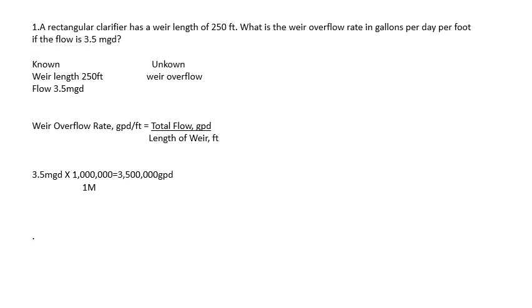You get 3,500,000 gallons a day. Going to go ahead and plug our numbers into our formula because we already have our weir length in feet. So 3,500,000 gallons a day divided by 250 feet will give you a weir overflow rate of 14,000 gallons per day per foot.